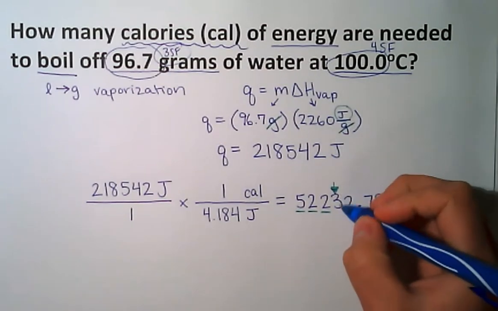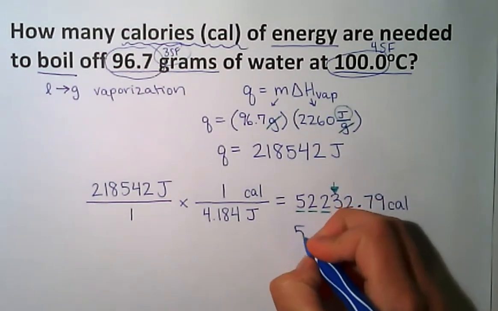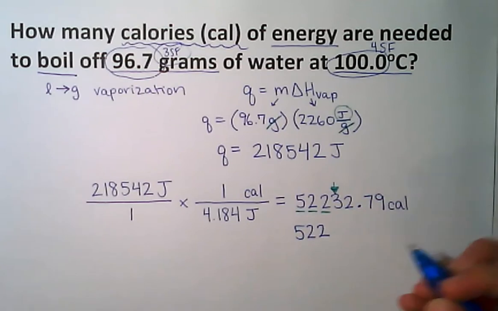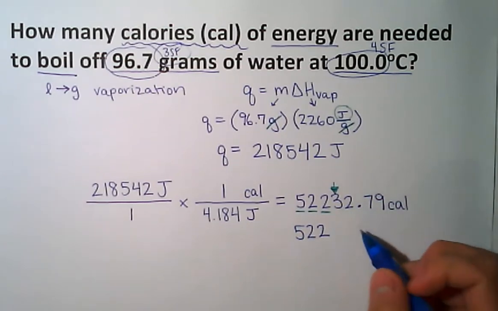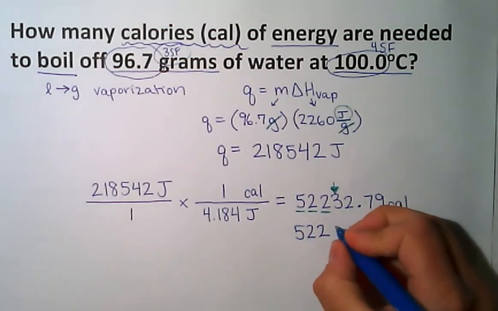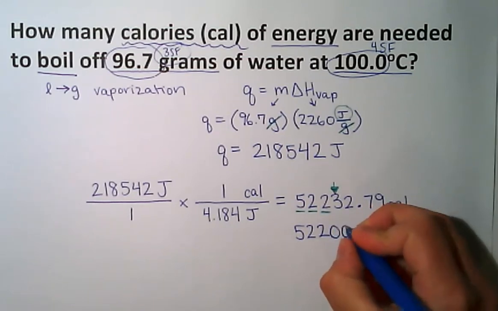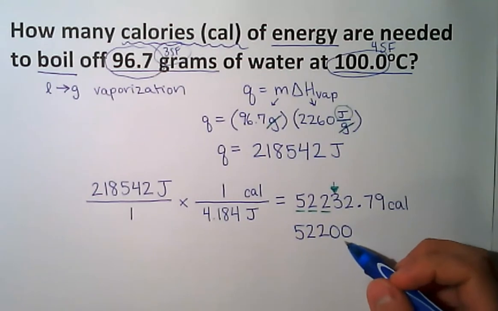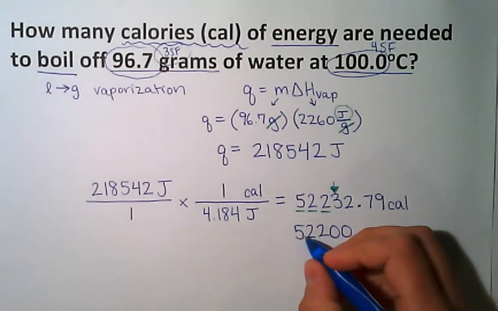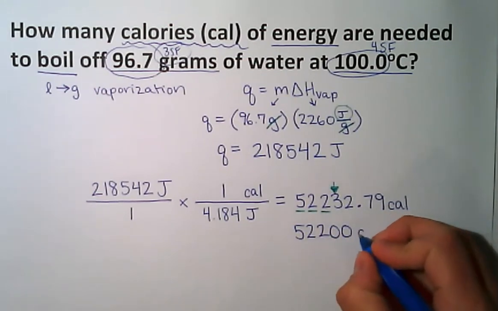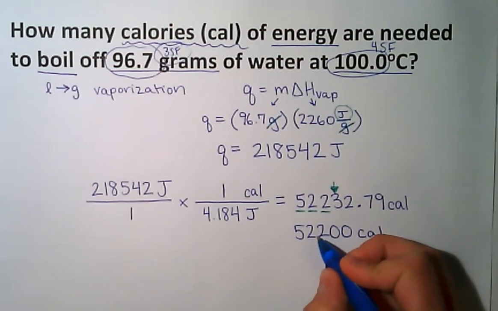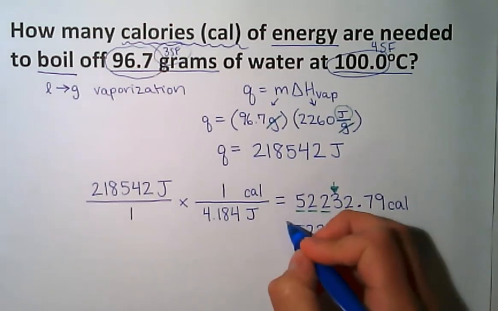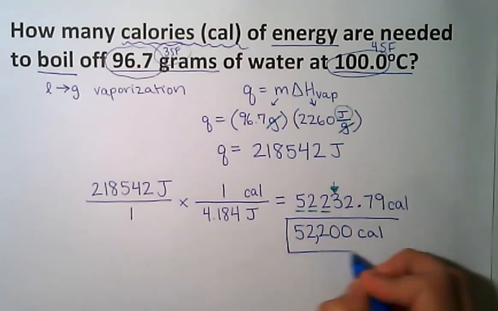A 3 is not larger than 5, so we're going to keep 5, 2, 2. And then any place before the decimal point, we have to put a placeholder 0 to hold that place. But these zeros are not significant because there is no decimal point. So 52200 calories, or 52,200 calories, is our final answer.